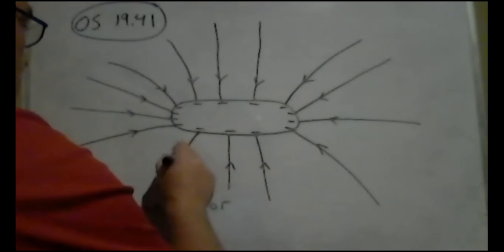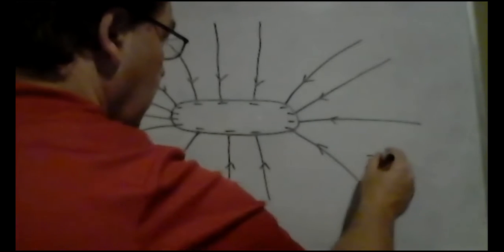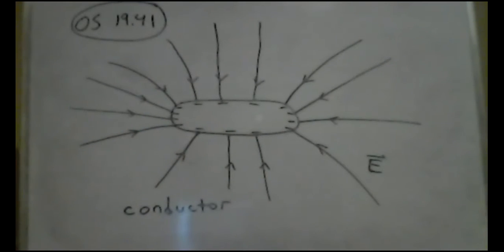Every charge gets a field line. Okay, that's your electric field. And of course, to draw the equipotentials, I need to draw lines such that the line is always perpendicular to the electric field line.